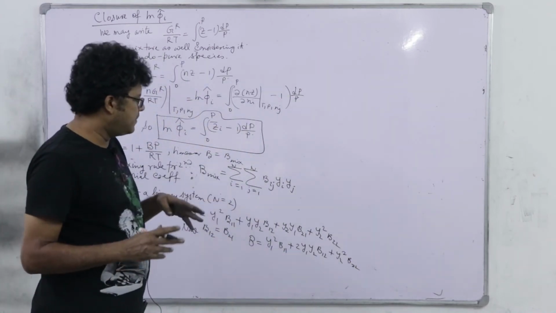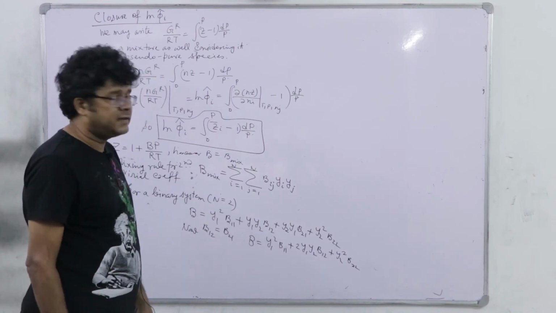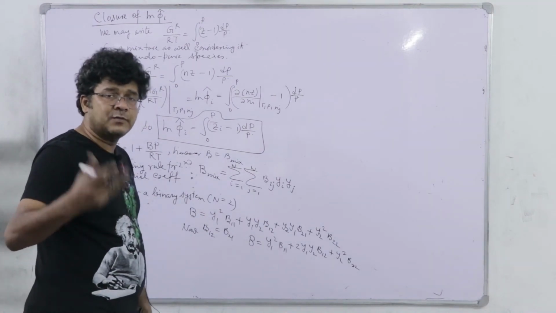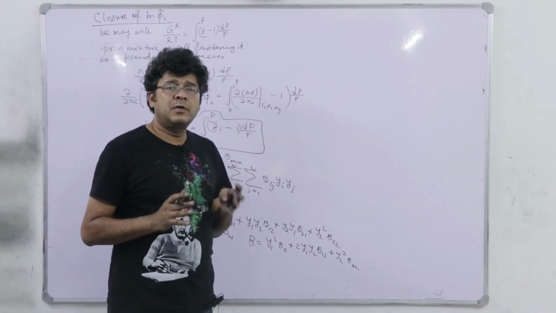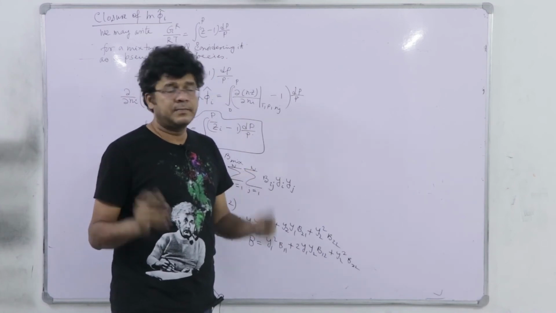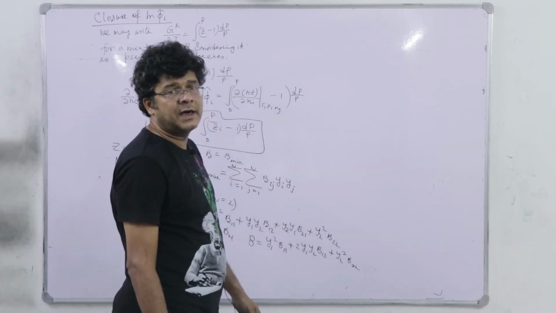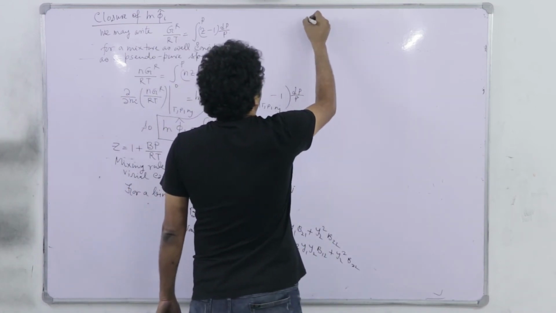Now, what we will do? We will try to get rid of the pure quadratic terms, that is y1 square and y2 square. So, y1 square we will write as y1 into (1 minus y2), and similarly y2 square as y2 into (1 minus y1). It is a simple mathematical manipulation.